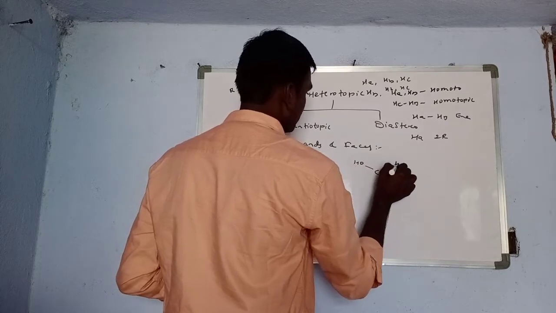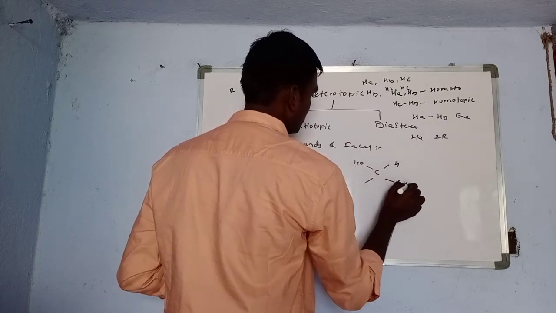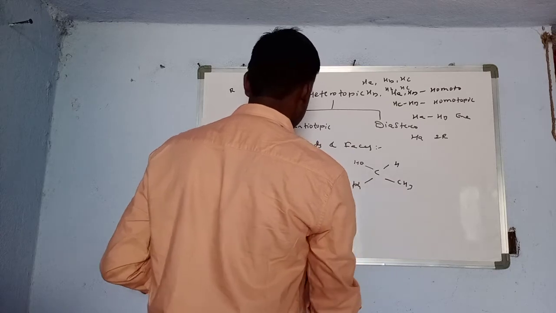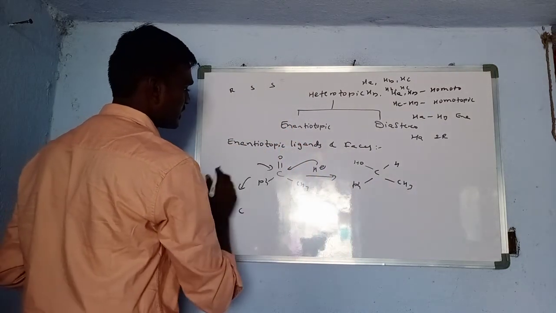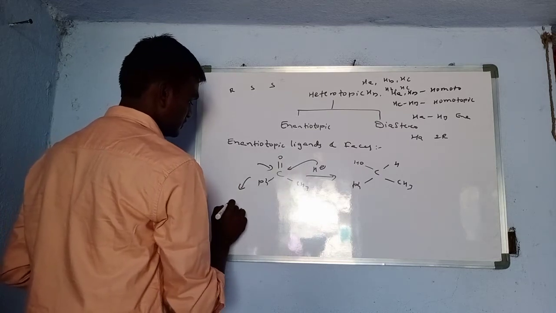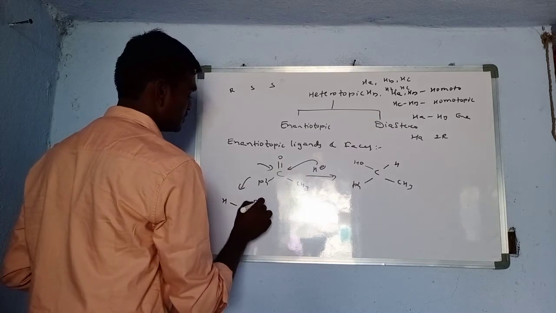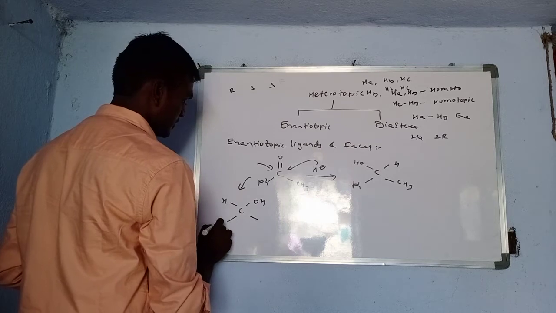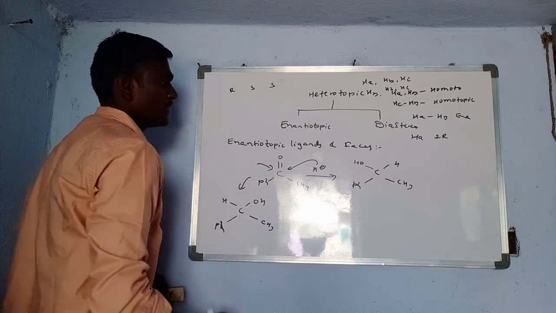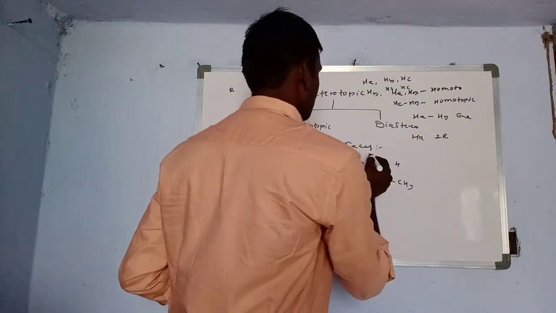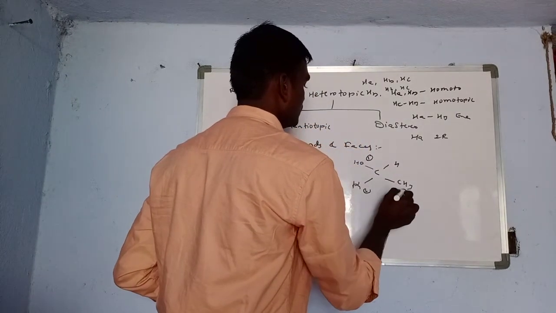If we take hydride attack on this face, it will give hydrogen, OH, pH and CH3. Now we take 1, 2, 3.